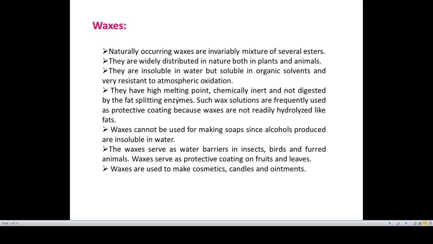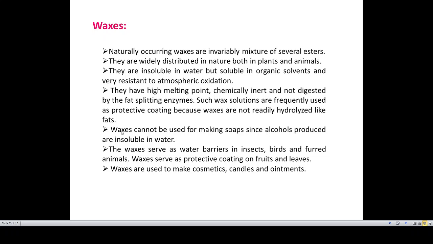Because of the high molecular weight they have a high melting point, they are chemically inert, and they are not digested by fat splitting enzymes such as lipase. Because of these unique properties, waxes have wide applications.